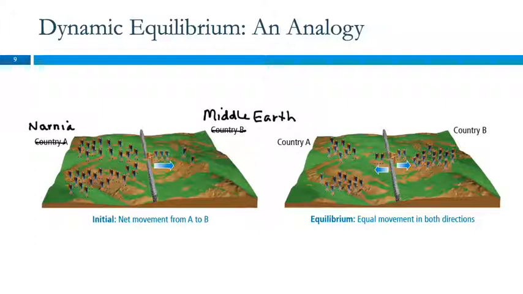There are lots of reasons for moving to different places. But at equilibrium, we have population moving equally in both directions. And so the population of Narnia is going to remain the same over time, and the population of Middle Earth is going to be the same. But it's not always going to have the same people in it. Does that make sense?